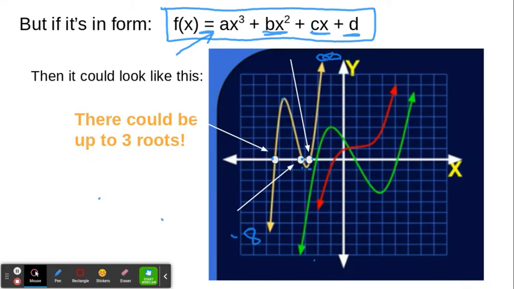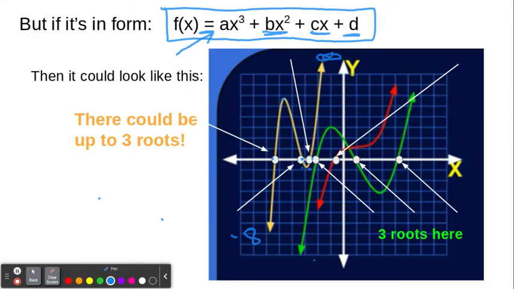If you look at this green one, there are 3 roots here also. 3 places where we can intersect the x-axis. We also call those zeros, so there are 3 zeros. Sometimes there's only 1. So like this red one.